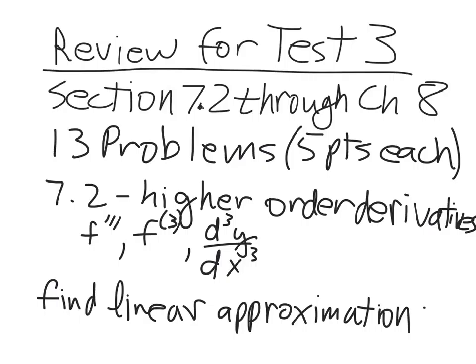Like the square root of 10. Well, we know the square root of 9 is 3, at least I hope you know that. So we make it a nice value like a equals 9, whatever letter they use. And then we are looking for when it's 10, so delta x would be 1, the 10 minus the 9. And then you'd have to find your derivative.